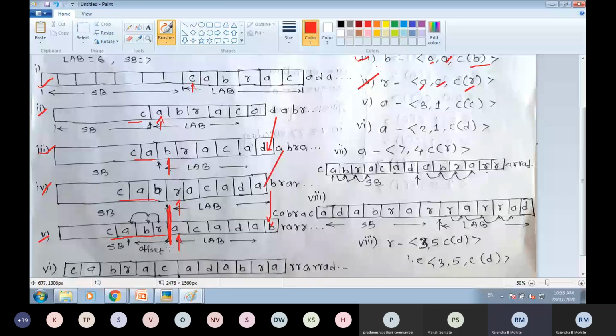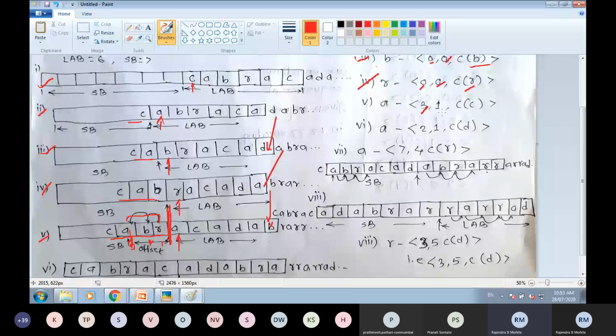This is the first, this is the second, and A is present at the third position. So the offset value for A is 3. Then how many symbols can the match cover? We can't consider that C because we have the offset value 3. So for that purpose we compare only these three things here. So only for this A, I find the match at the third position. So my offset is 3.